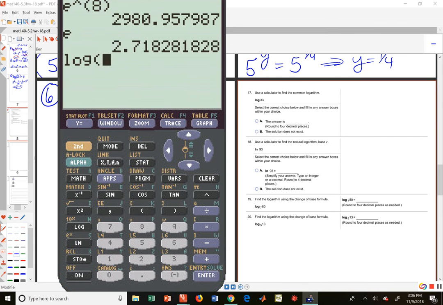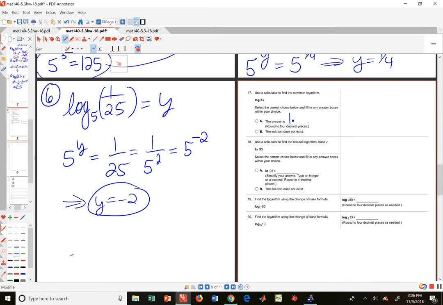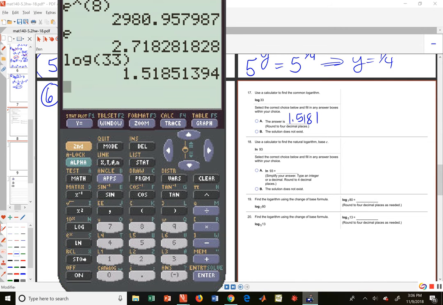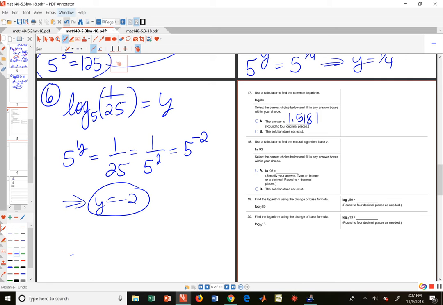Right here, right next to the 7. So you say log 33, hit enter, and they want how many decimal places? 4 decimal places. So you'd say 1.5185, and it doesn't round. All right, so that's log of 33.